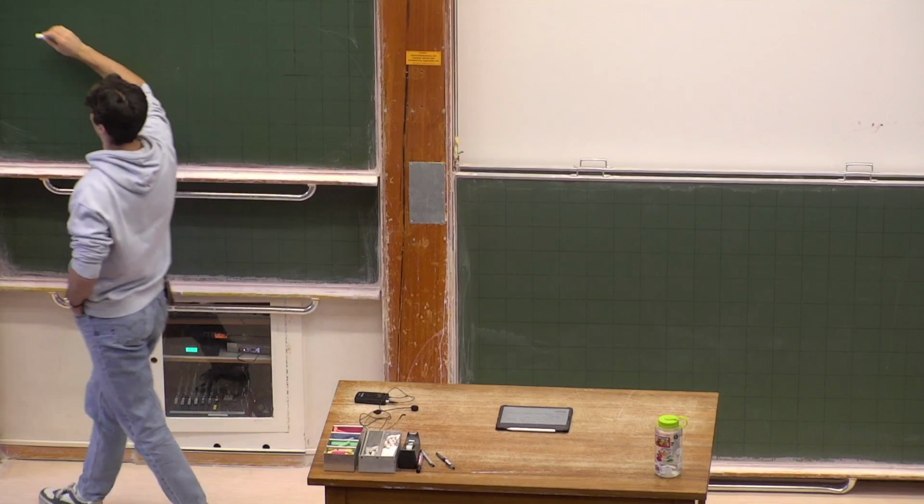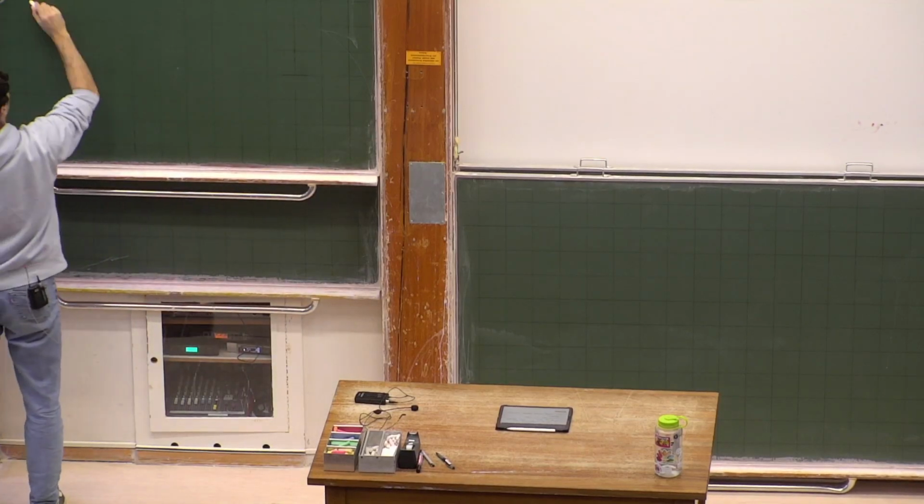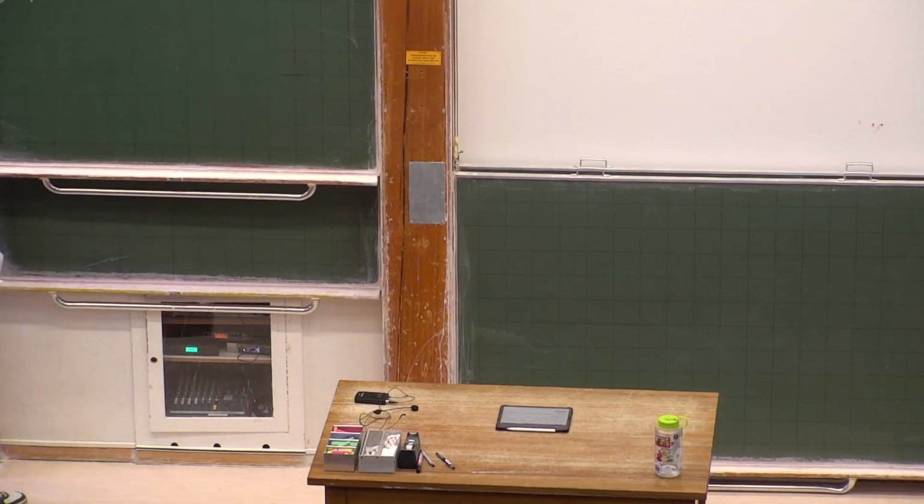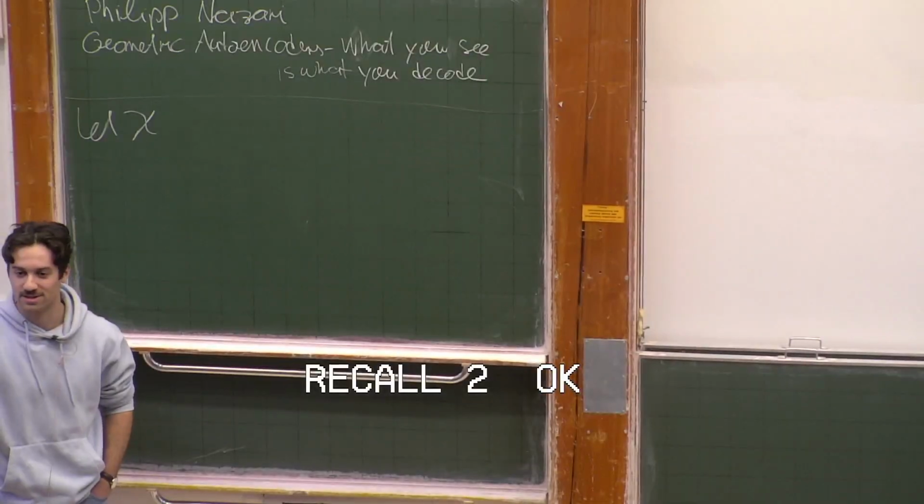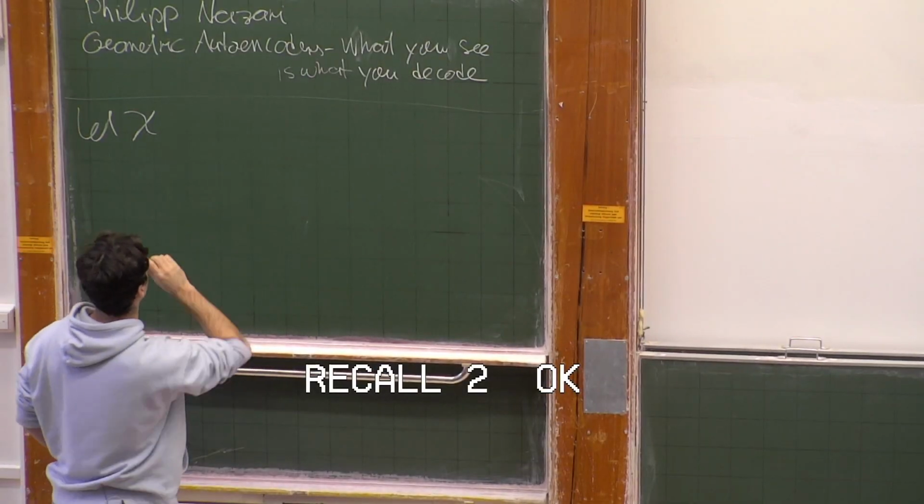Okay, throughout this talk, I will denote by curly X, and excuse my bad handwriting, if you can't read anything, just let me know and I will tell you what I'm trying to say.